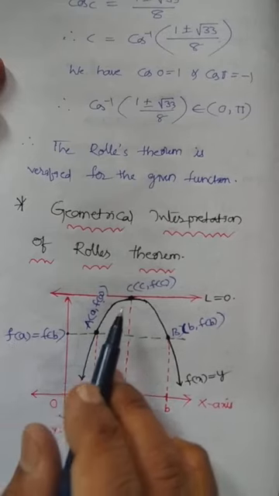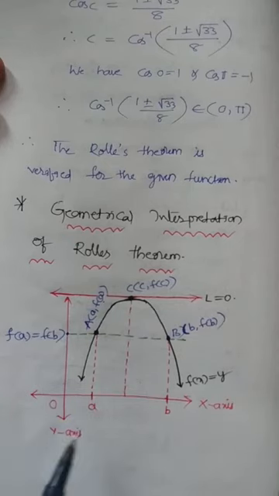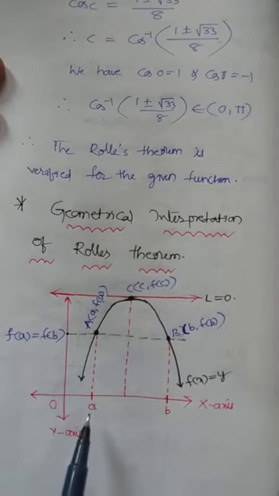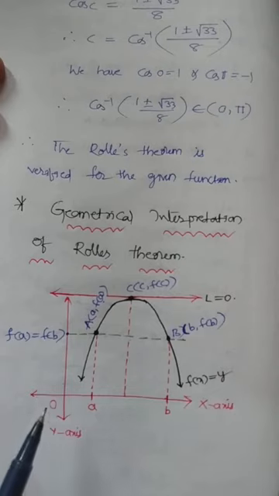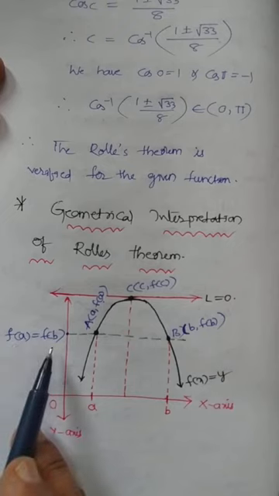F of x is continuous on closed interval a comma b. Obeys. And our second condition, since it is a continuous function, it is derivable on open interval a comma b. Okay. Now the third one, the first approachment is what now? F of a is equals to f of b.